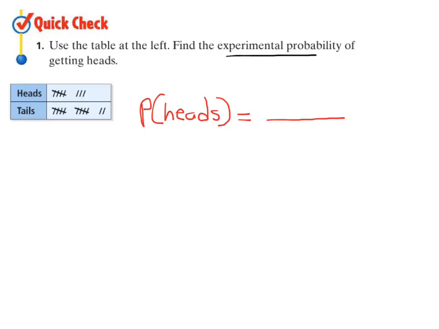If you see, this is 5 plus 3, 8, and this is 10 plus 2, 12. So the total number of times the experiment was conducted was 20. How many times did the coin land up with heads? 8. So 8 over 20, which is 0.4. So the experimental probability of getting heads in this problem is 0.4.